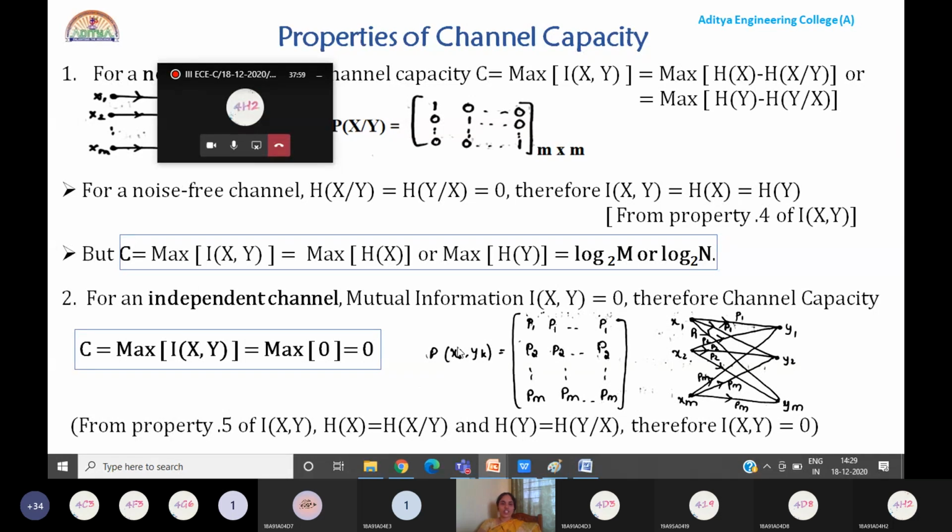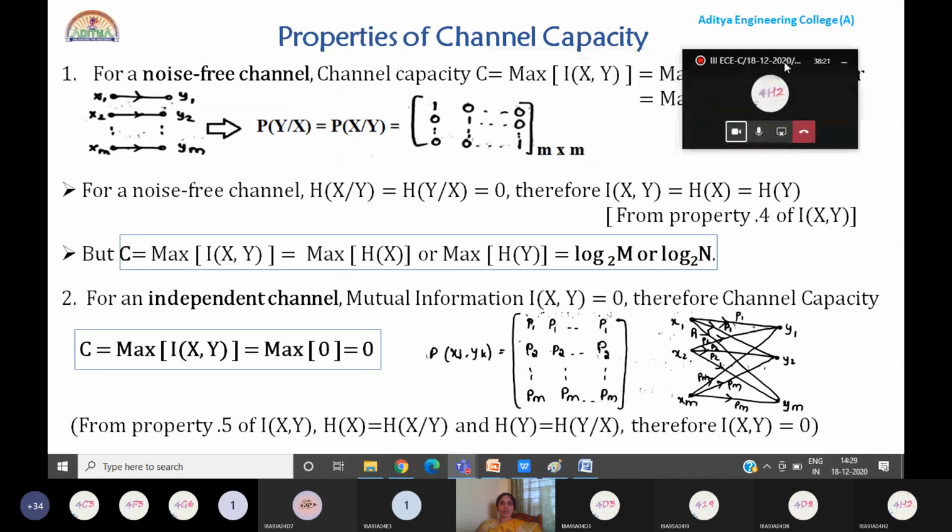From the definition, what is the channel capacity? Maximum of I of xy. I of xy is 0, so the maximum of 0 will be 0 only. So the channel capacity of an independent channel is 0. Capacity is nothing but the mutual information.